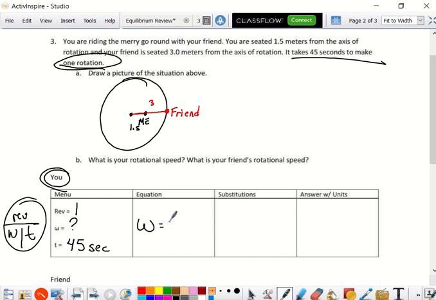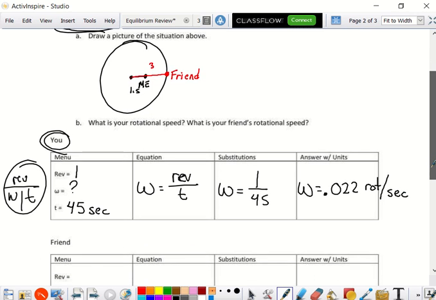It's the number of revolutions or rotations divided by time. 1 divided by 45. We're going to get a really small decimal, 0.022 rotations per second. This time it was in seconds.